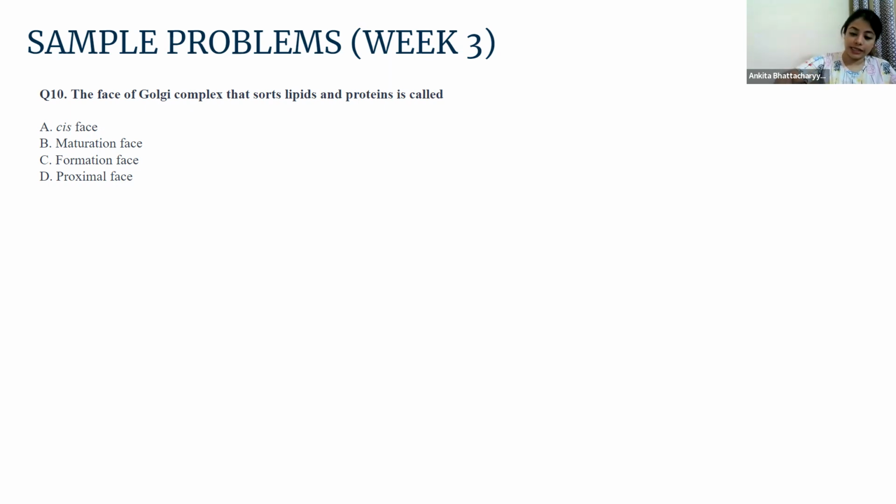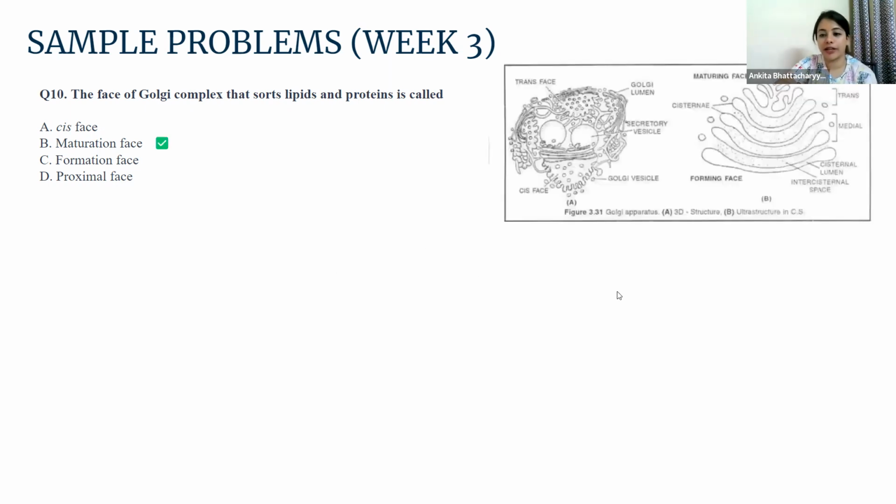So this arrangement, if you look here quite carefully, shows the structure and the ultrastructure. The ultrastructure is better explained. Here you can see the individual cisternae, the entire cis, medial and trans Golgi network which is present here.